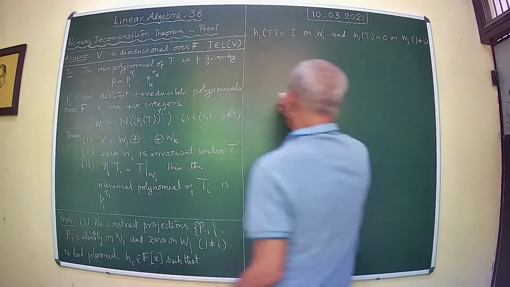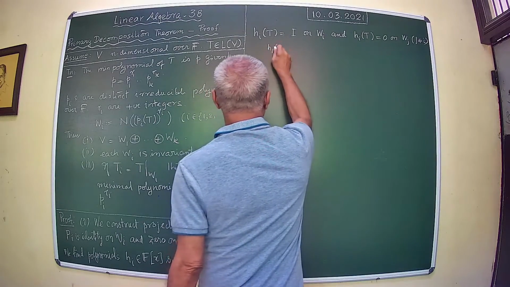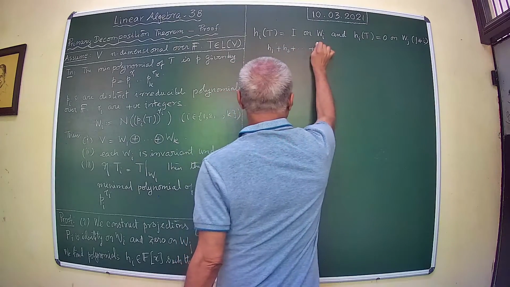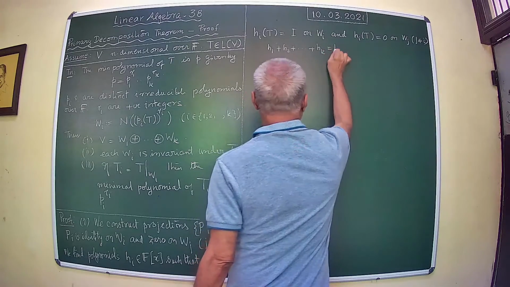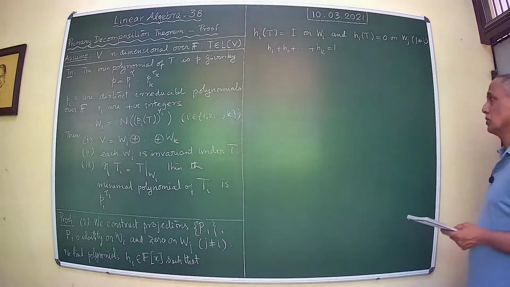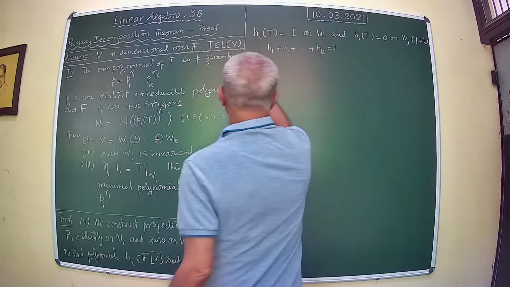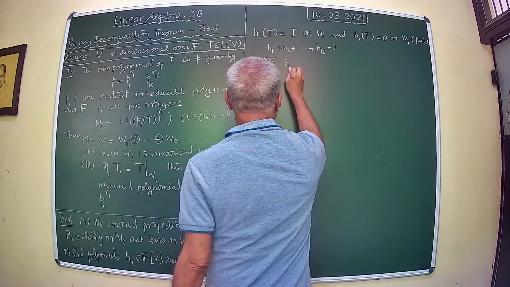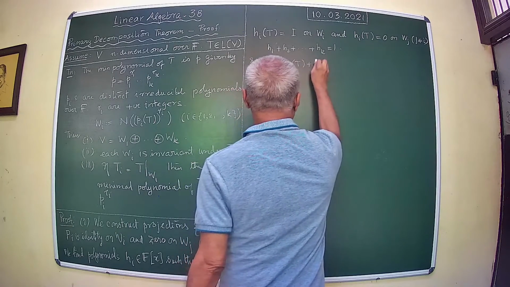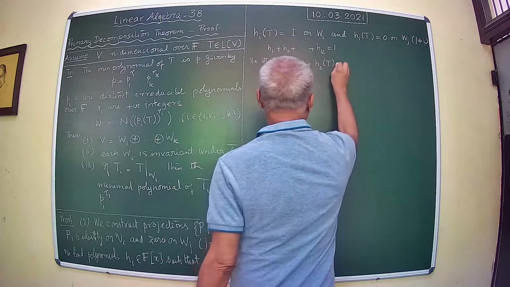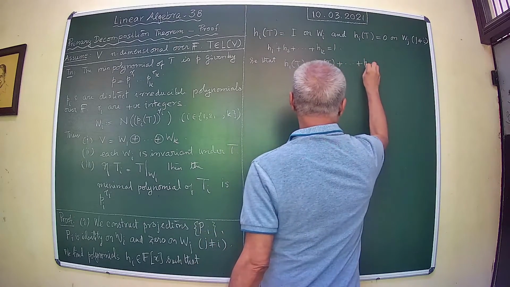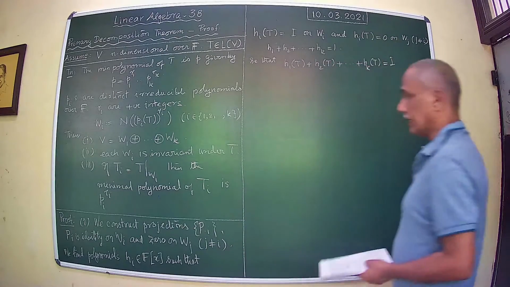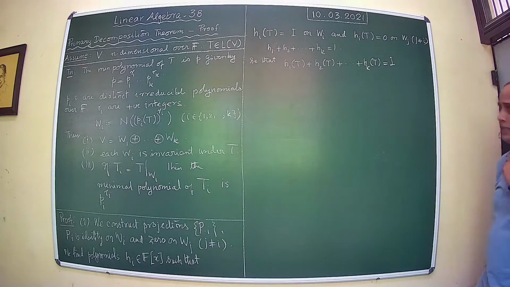So this requires h1 + h2 + ... + hk = 1, and this is the resolution of the identity.